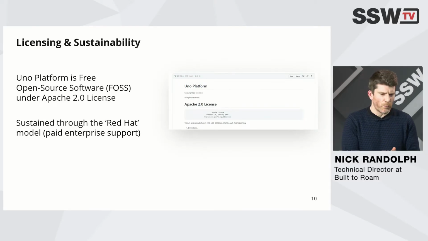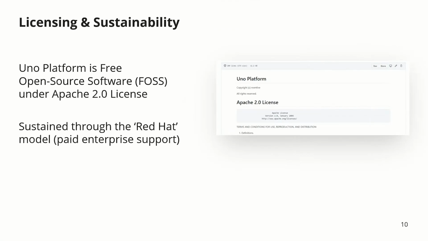In terms of licensing, the Uno platform is completely open source. You can go to the repository and monitor the activity there. It is a fairly active repository, and basically every time a pull request is merged, there's a new version of the Uno framework available for you to develop on.